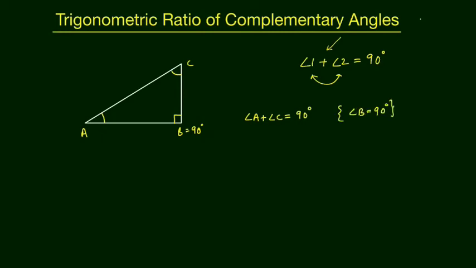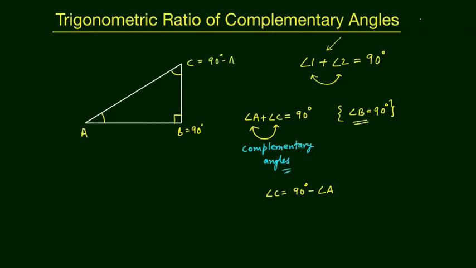So we can write angle A is equal to 90 minus angle C, and angle C in terms of angle A is 90 minus angle A. In this triangle angle A and angle C are the complementary angles because the sum of both the angles is 90 degree.